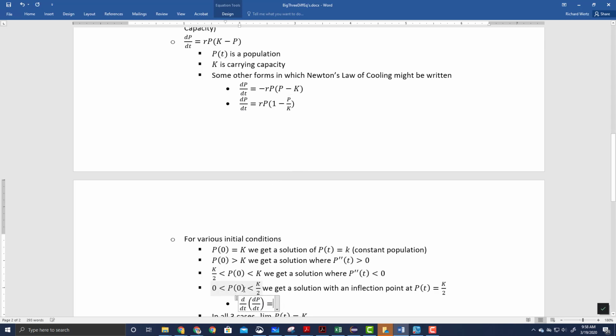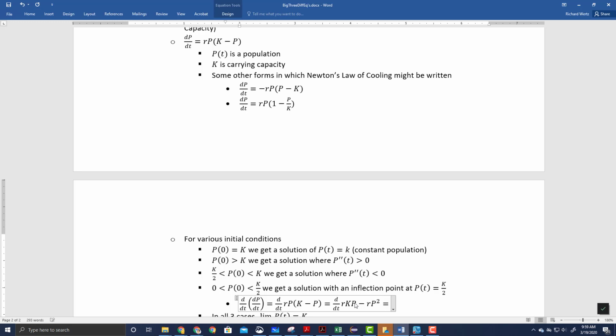That's going to be the derivative with respect to t of this, which is going to be the derivative with respect to t of RKP minus RP squared.